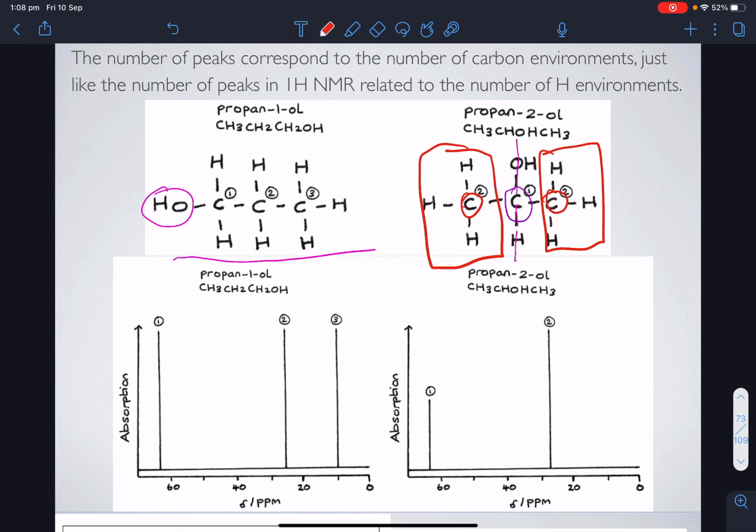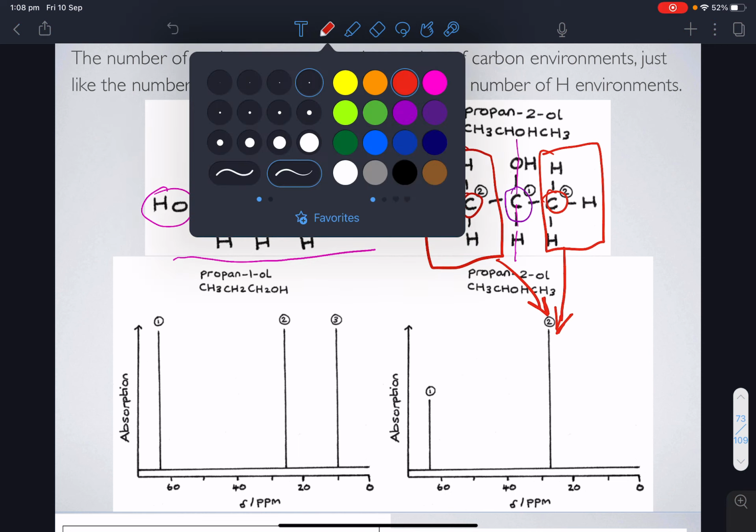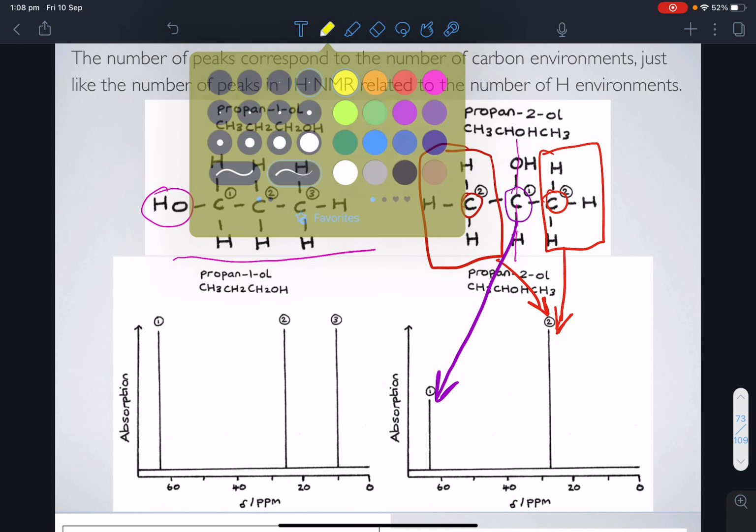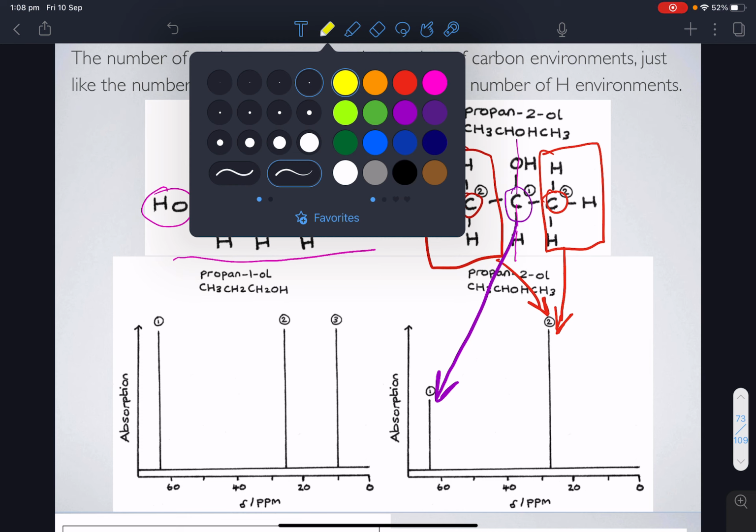And this one's a bit easier. That belongs with those 2, okay? And the purple one is closer to the oxygen, so it's further downfield, okay? And let's go back to the left-hand side one. I've got a brown.